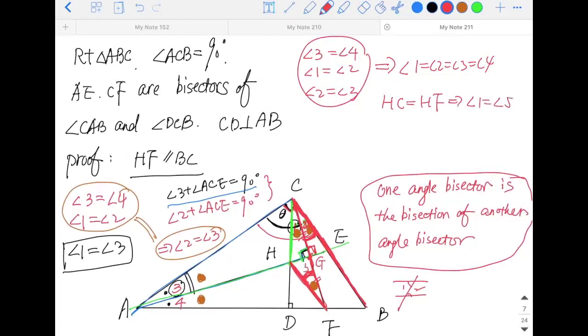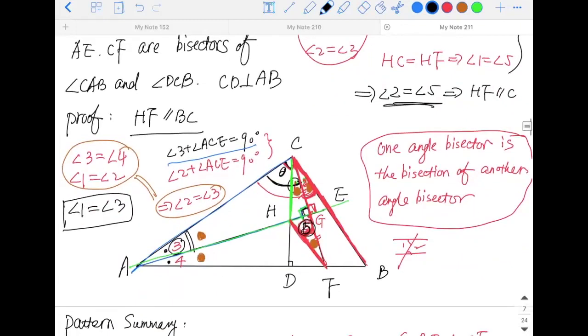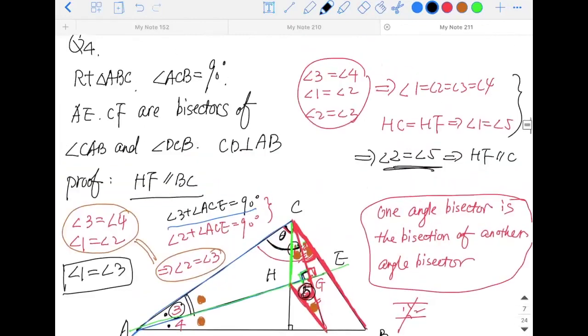I call this angle 5. So therefore, angle 2 equals angle 5. So therefore, HF is parallel to CB. Any objections? Good. As long as you know my conclusion, you will be able to solve this problem in no time.